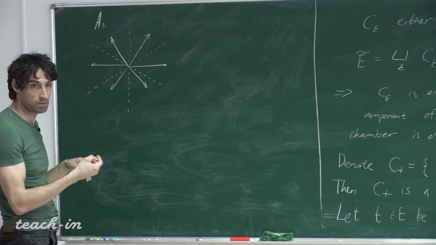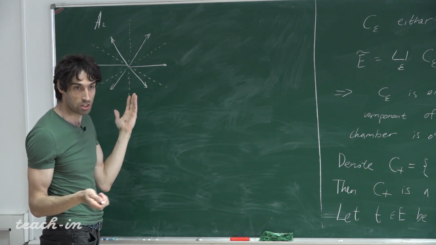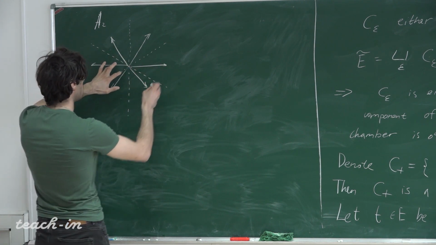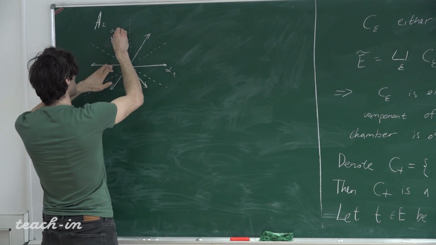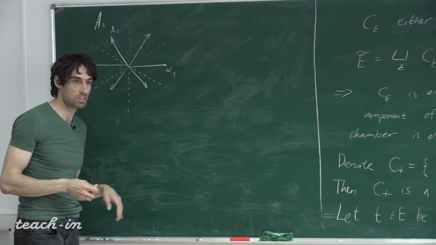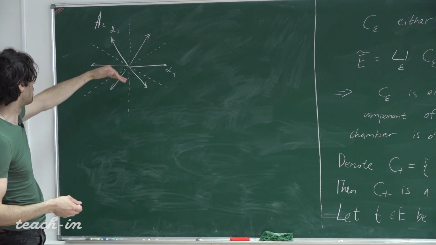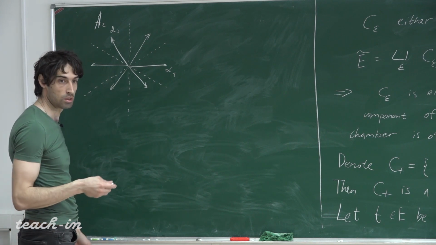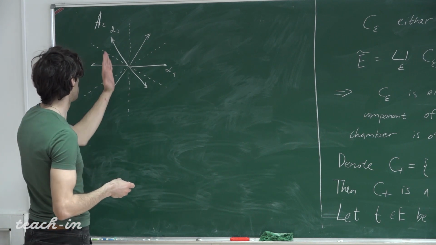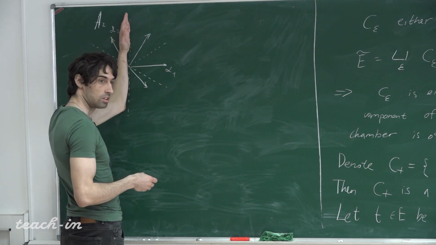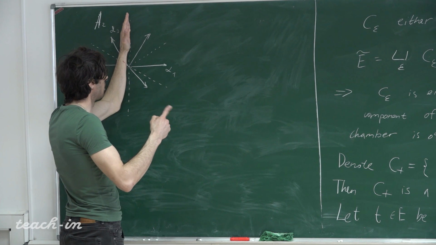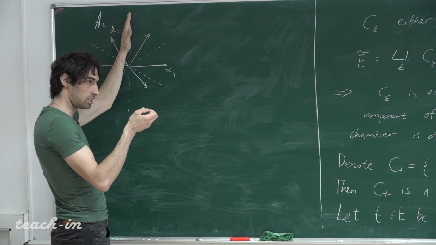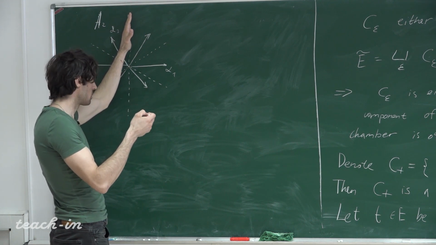What about C plus? We need to choose a polarization. So for example, we can choose these three to be positive ones, and then these two are simple. This is the standard picture, the standard choice. So for the positive Weyl chamber, I just need to check that a point that I take has positive inner product with simple roots.